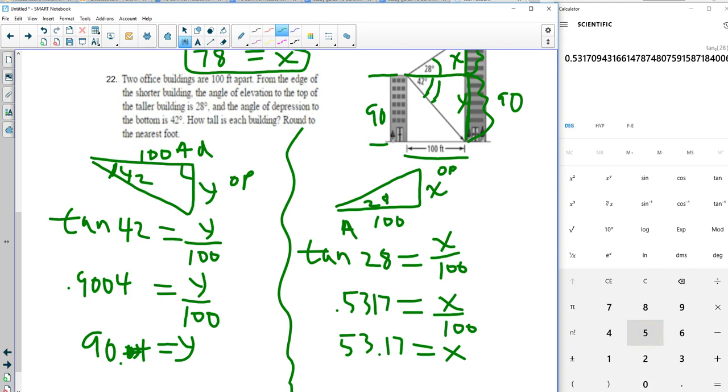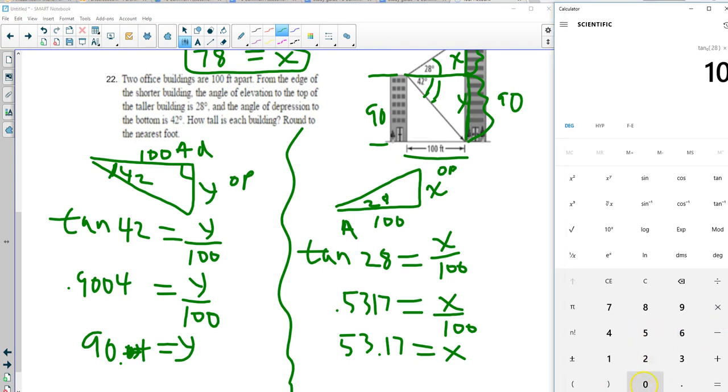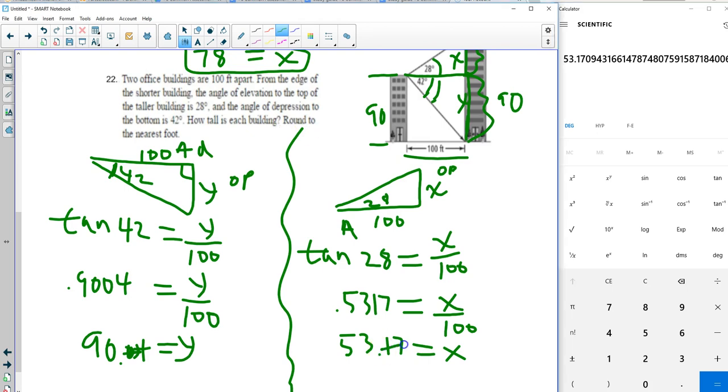So multiply that times 100: 53.17. But the question said to round to the nearest foot. So that becomes 53. So x is equal to 53.